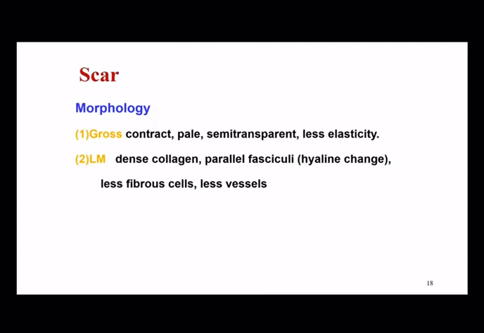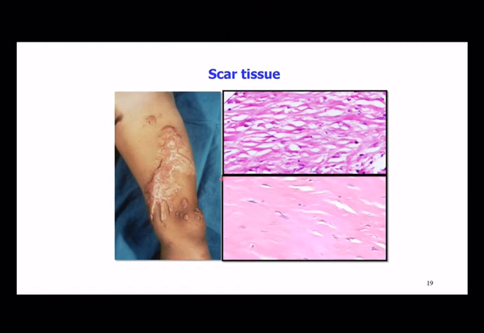Grossly, the scar is pale, stronger than granulation tissue, and has less elasticity. Under light microscope, it is composed of collagen parallel fasciculi with hyaline change sometimes, less fibrous cells, and less blood vessels. In this picture, we notice the large and irregular shaped scar on the leg.